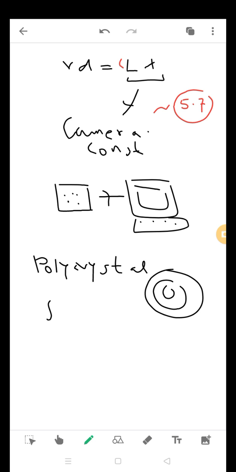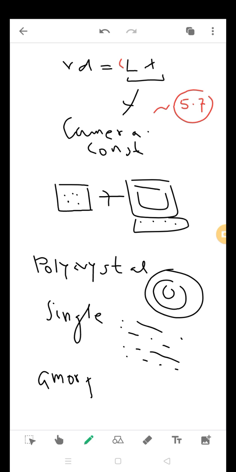If you have a single crystal, you obtain a spot pattern, parallel lines containing spots. And if it is an amorphous material or a nanocrystalline material, you get a halo pattern.